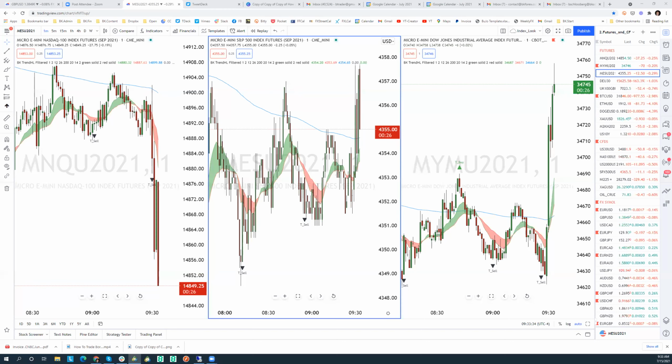Nasdaq continues to, wow, really rip to the downside. All right, let's just focus on seeing what signals we can find on the move here.